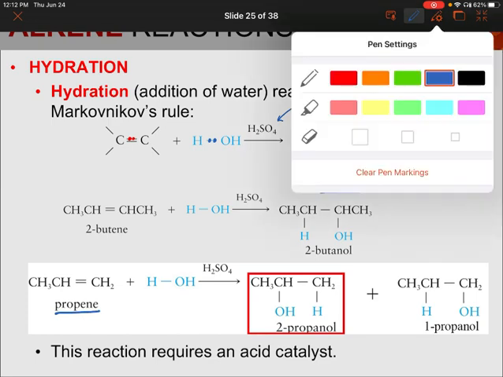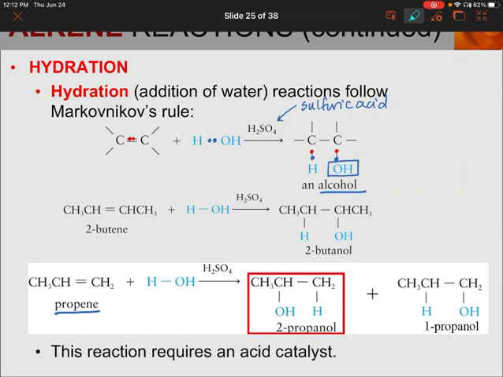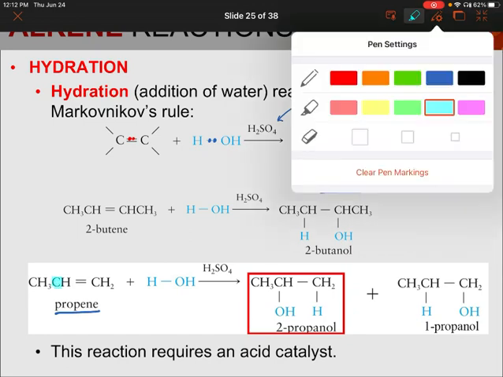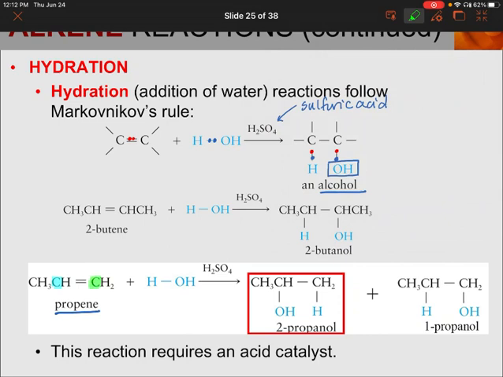So there's a couple possibilities. The hydrogen could either add to the carbon with less hydrogens or the carbon with more hydrogens. But the major product is the one where hydrogen adds to the carbon with more hydrogens.